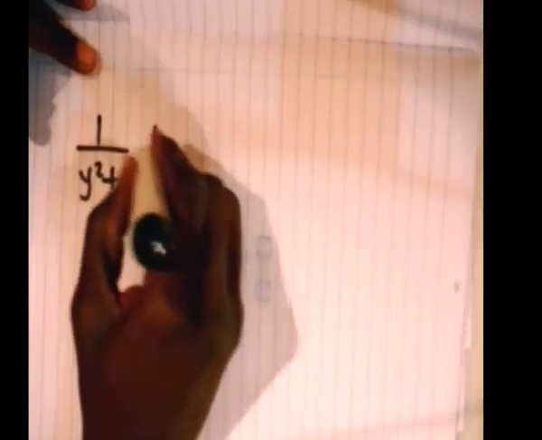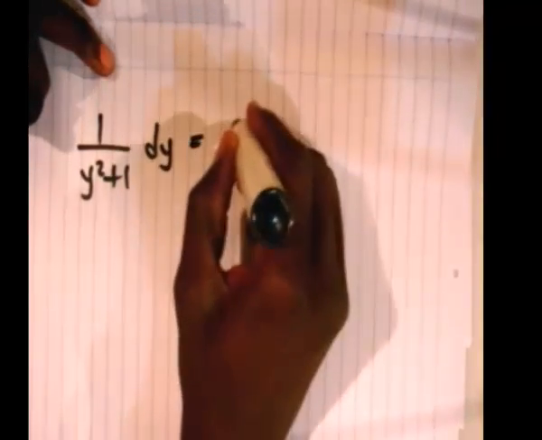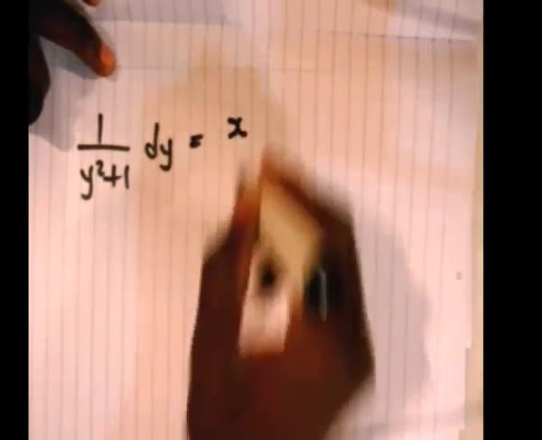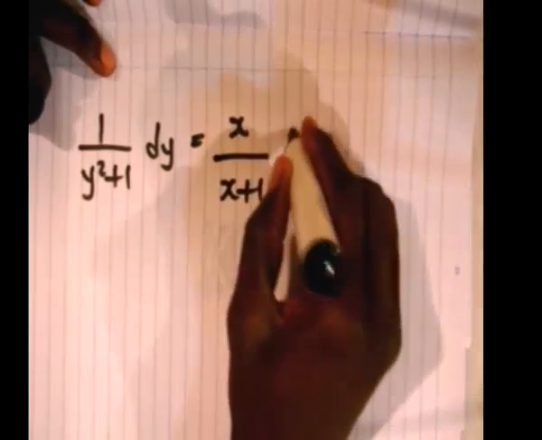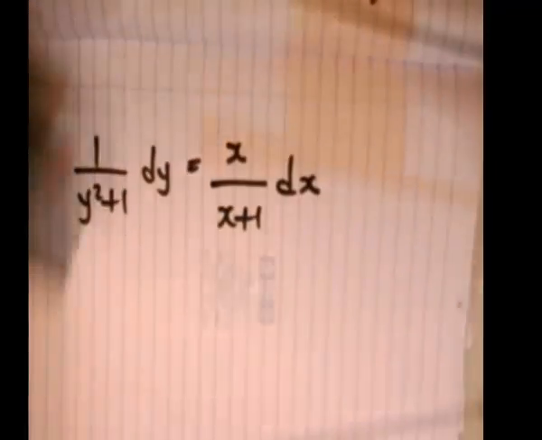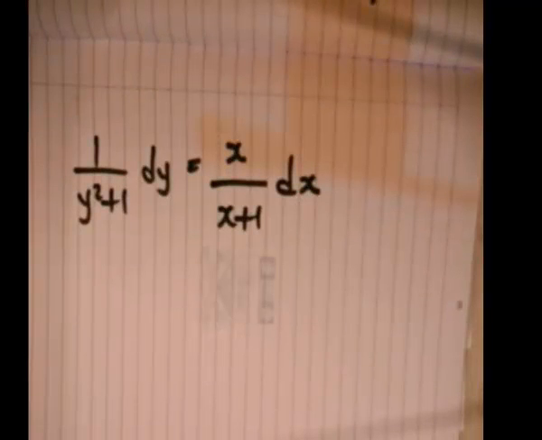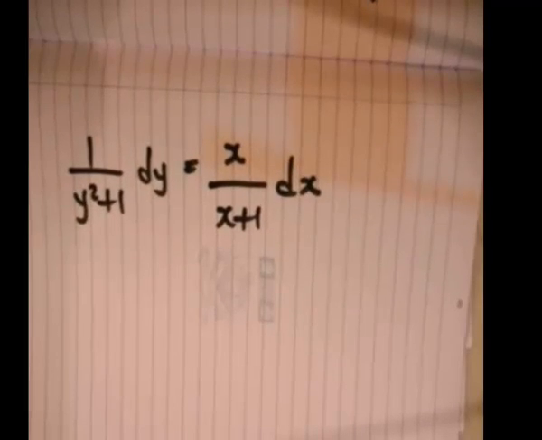Here we have 1 over (y squared plus 1) dy equals x over (x plus 1) dx. Hope this is taken. I've been able to bring the values of x together to meet dx and the values of y together to meet dy.